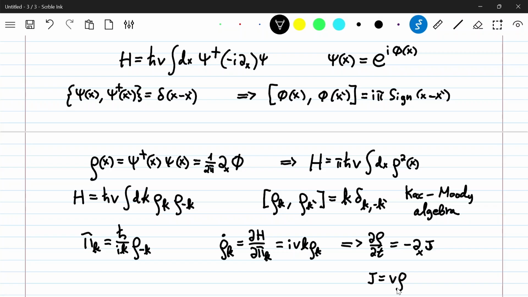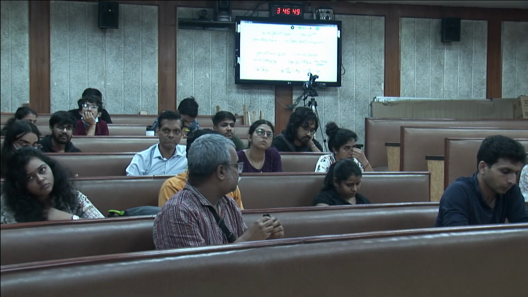Yeah, there's a question? So how do you prove this is incompressible? How do you show that this is an incompressible fluid? Well, because it's a continuity equation, so you have a conservation of charge.